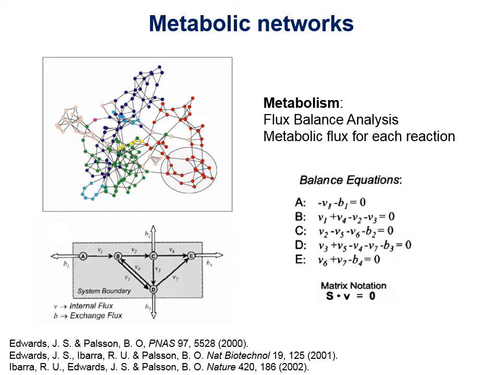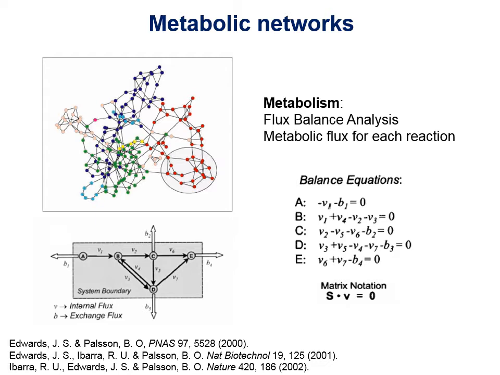For example, take a look at this system boundary, with compounds A, B, C, D, and E. Compound A can go out of the cell or be transformed to B. B can be transformed to C or to D. D can go out of the cell, and D can be transformed to E, which can also be produced from C. Every reaction has an identification, for example V1, V2, V3, V4, V5, V6, V7, and so on, and B1, B2, B3, B4, and B5.